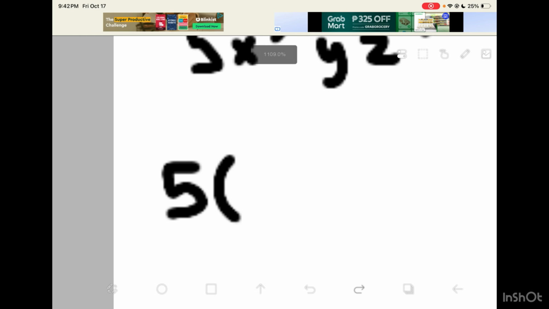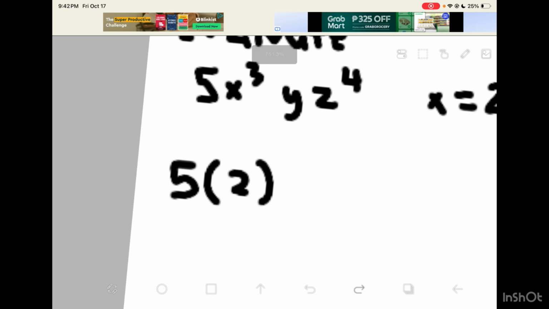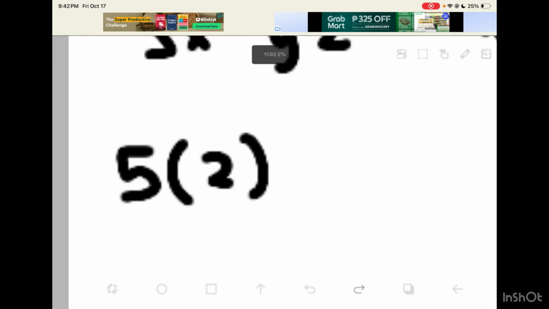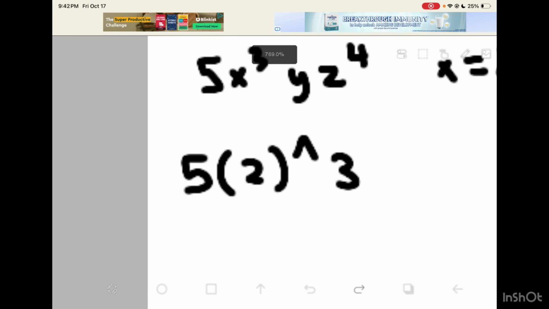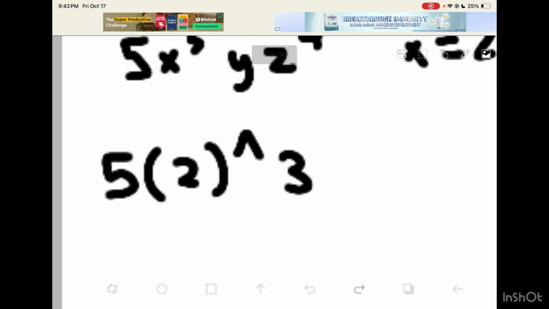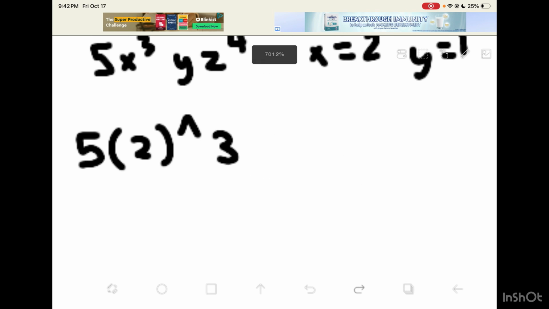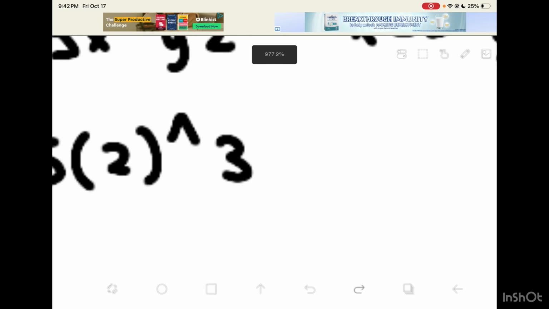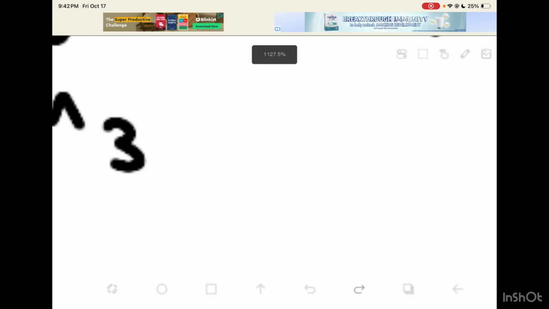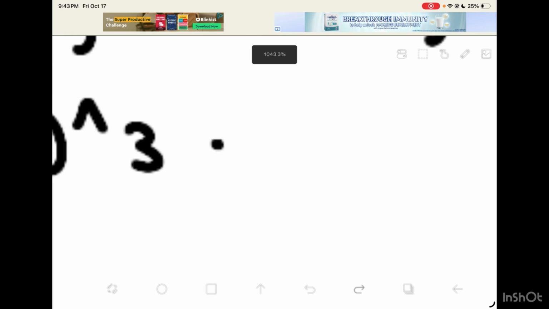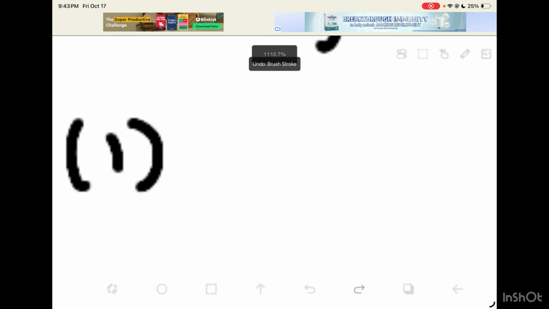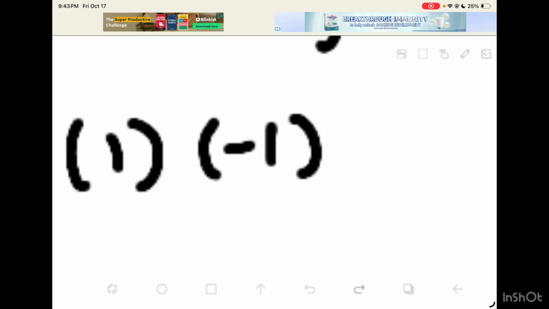So 5, and then x is 2, so in parentheses 2. I'm going to use the two-line calculator format first, because I think most of you use two-line. Then you raise to 3. Then times that by 1, then times (-1) raised to 4.